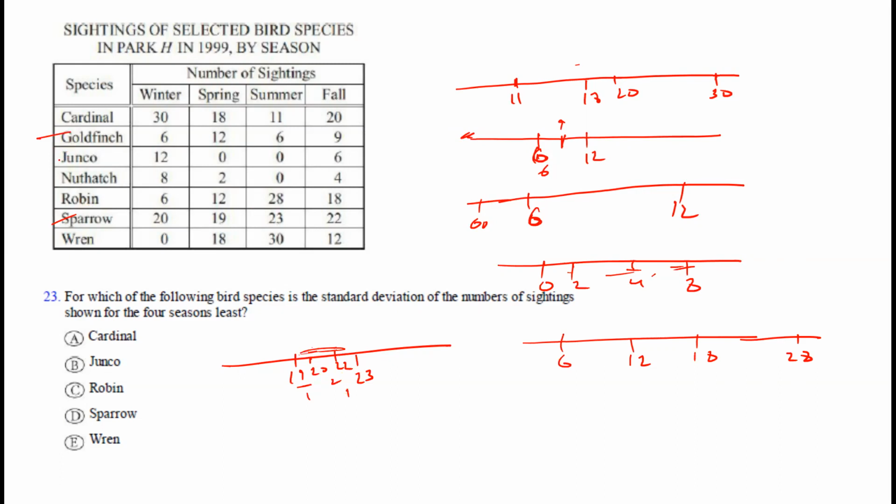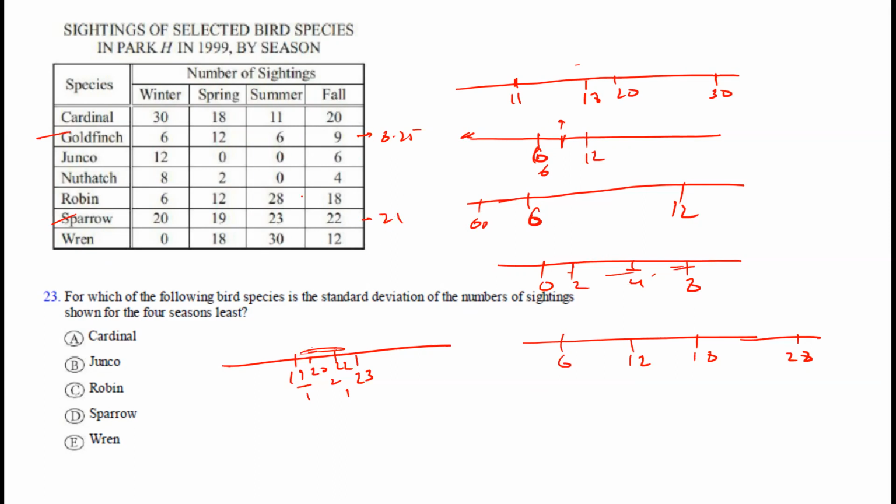But again, if you come up with the mean, 6 plus 12 is 18, 18 plus 6 is 24, 24 plus 9 is 33. So 33 divided by 4 will give us 8.25. This is your mean. And for sparrow, the mean would be 20 plus 19 plus 23 plus 22 divided by 4, that's 21.